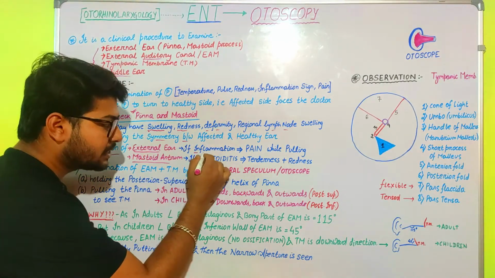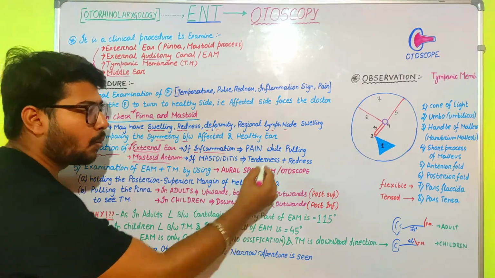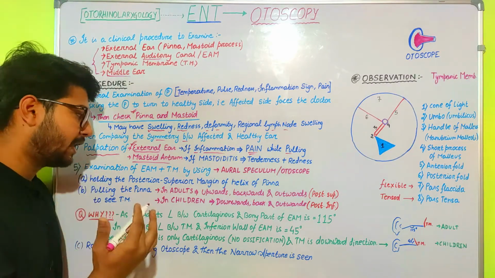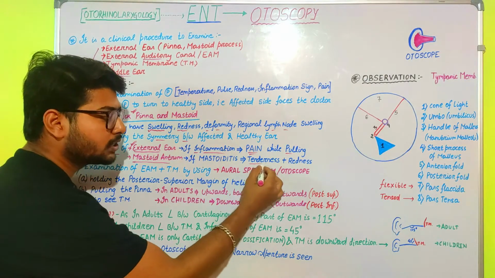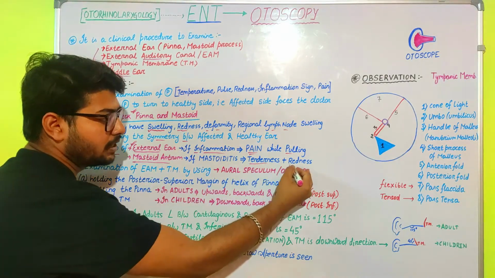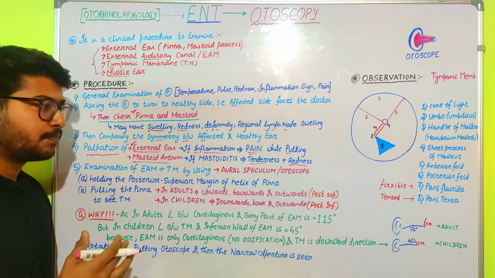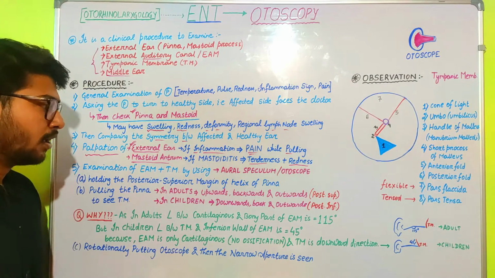If there is inflammation in the external ear, it can be seen while pulling the ear, it will cause a lot of pain. And in case of mastoiditis, there will be tenderness to touch or pressure, and the region will show redness, and heat will be generated as a sign of inflammation.